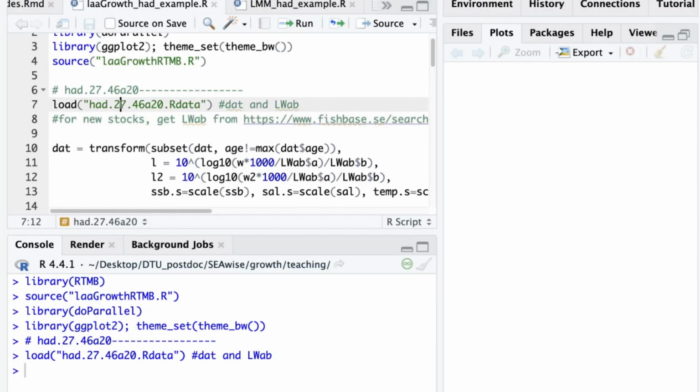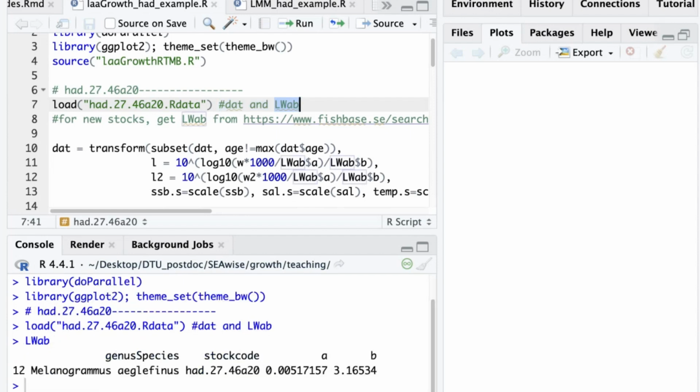And so I'm reading in that haddock data where I've stored both the data that you saw before and this WAB, which is just a little vector where we have the genus and species and the stock code, and then the coefficients for converting back and forth from length and age.